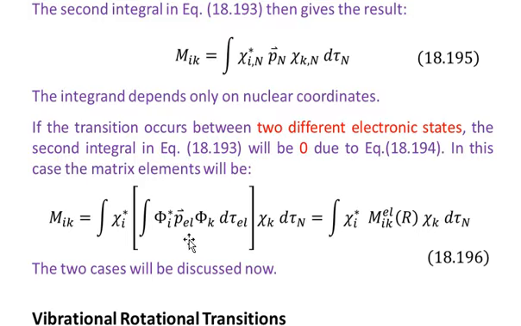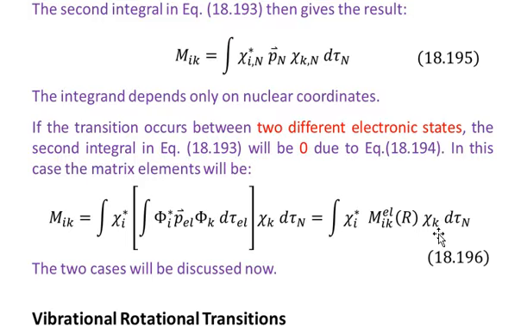And this first integral can be written as Mik(r), a function of r, which is actually the integral in the square bracket. So this integral in the square bracket is specified by the matrix element Mik for the electronic system as a function of r. And then of course we have two other wave functions, chi i star and chi k, belonging to two different electronic states. And of course these are the nuclear wave functions.